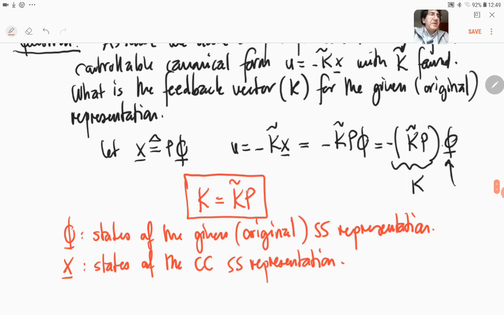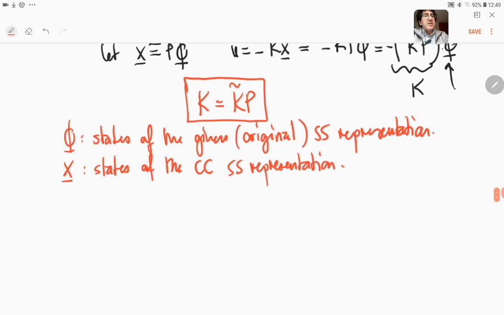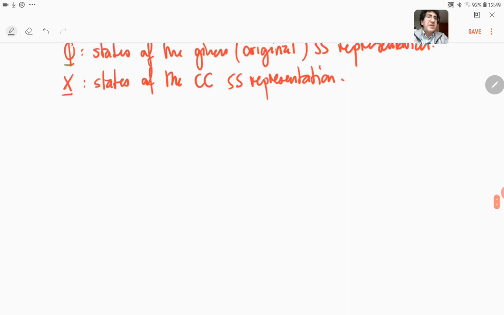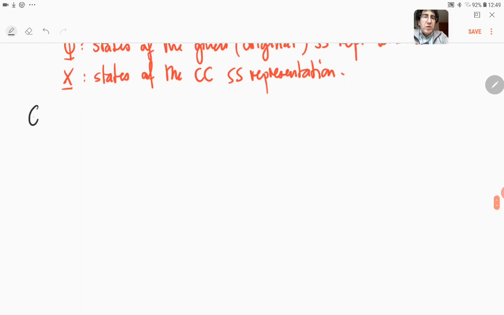Now with all of this, I can actually define an algorithm, and I will call this the generalized pole placement algorithm, which will put all of these things into a stepwise procedure.